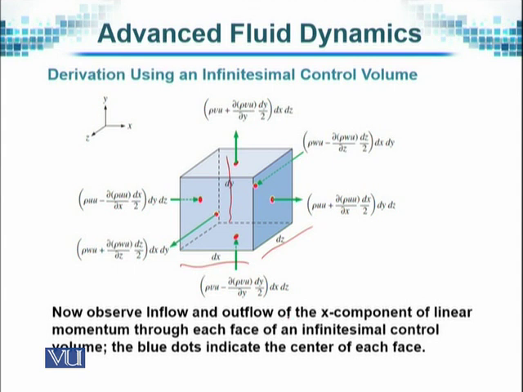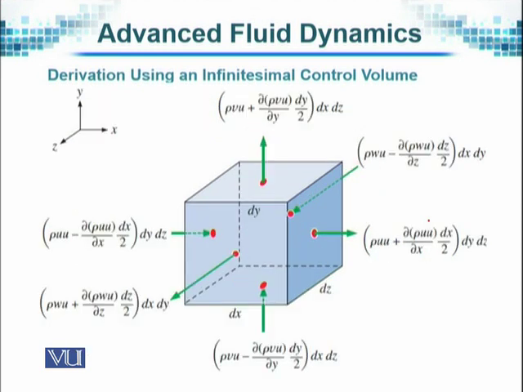So for the x direction, we have shown, from the blue dot, the amount of momentum that is entering and moving out of these faces, and their values are given here, to the linear approximation.